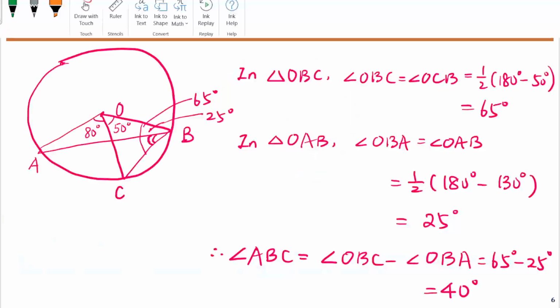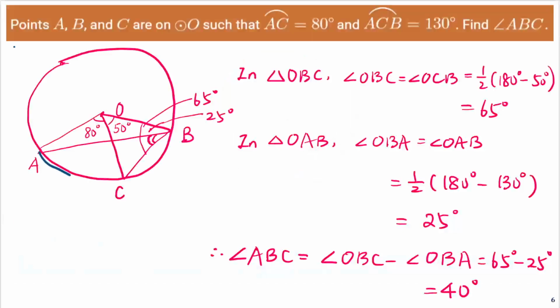And if you consider this arc here, the angle inscribed in this arc is here. This angle we have just calculated. This angle is 40 degrees, and it's 1/2 of the central angle here, right?